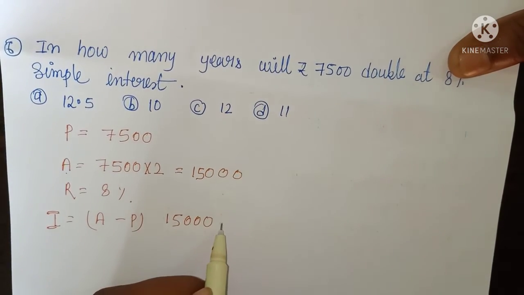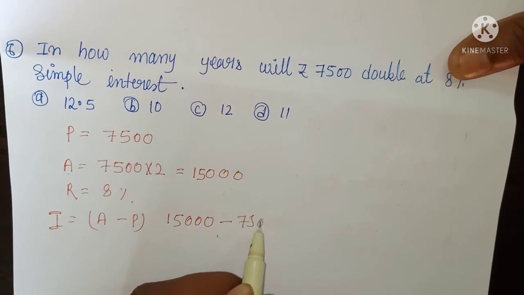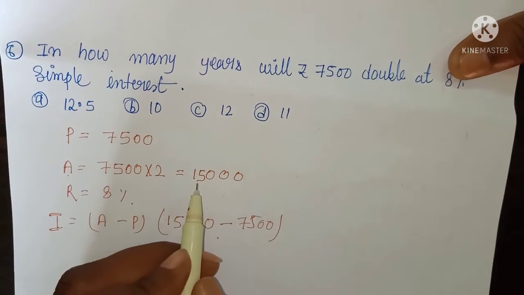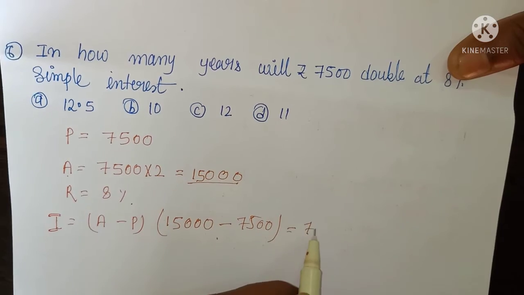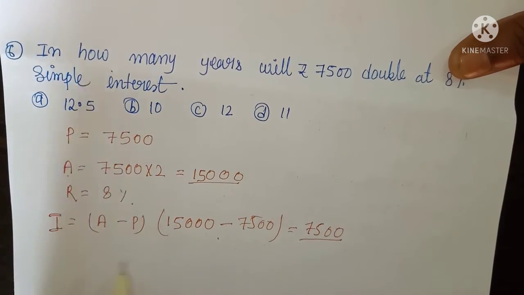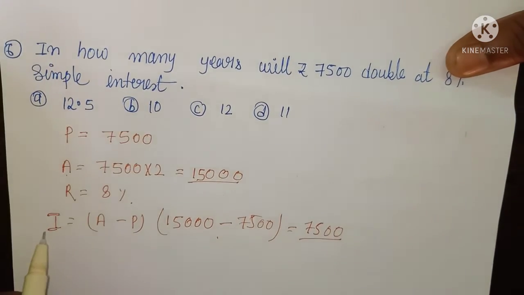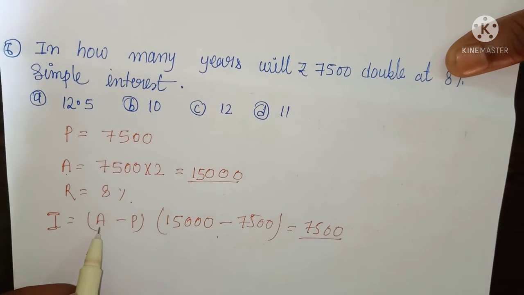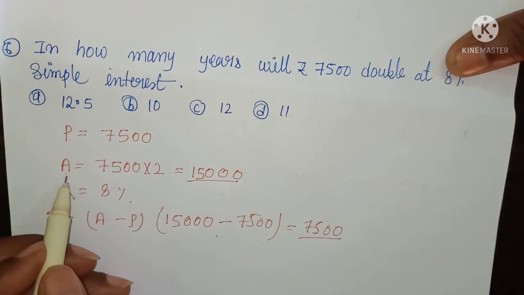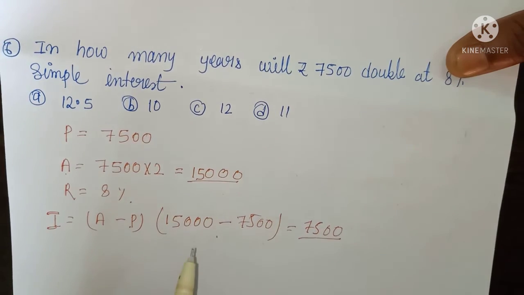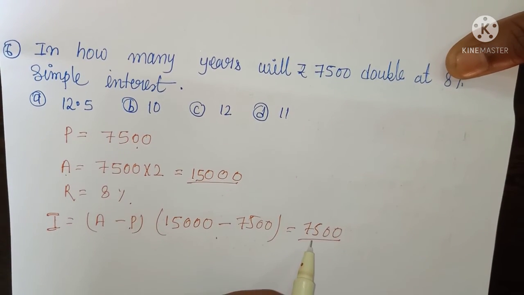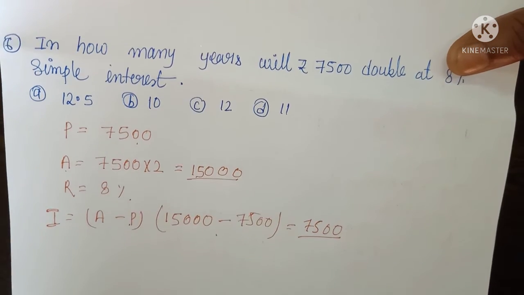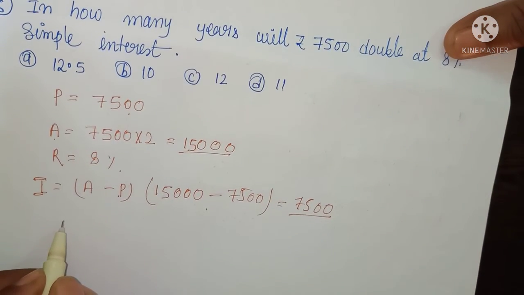So 15,000 minus 7,500 becomes 7,500. Interest is 7,500.